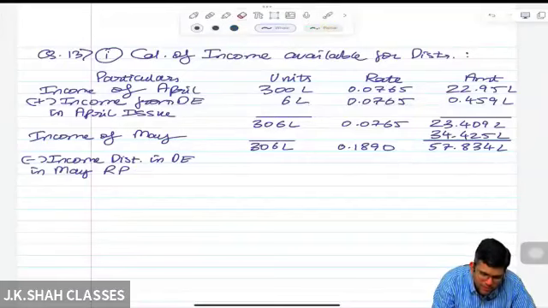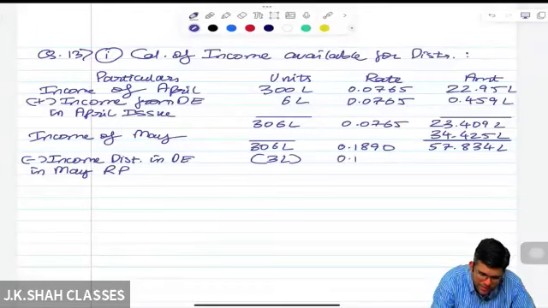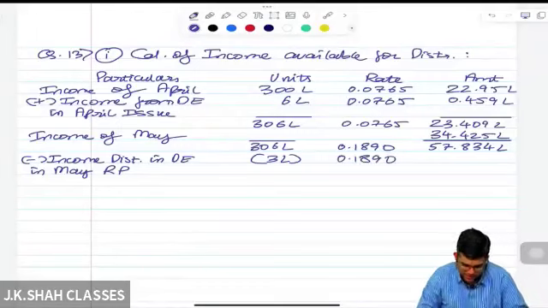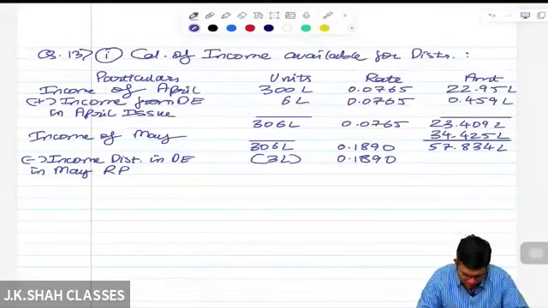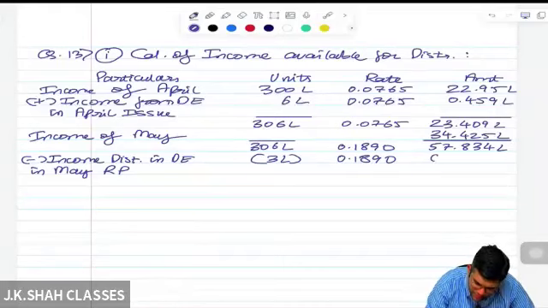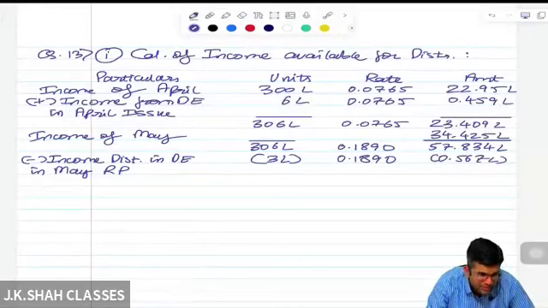How many people left us? 3 lakh. Can I say for everyone 0.1890 was the rate? So 3 lakh into 0.1890, 0.567 lakh we distributed.